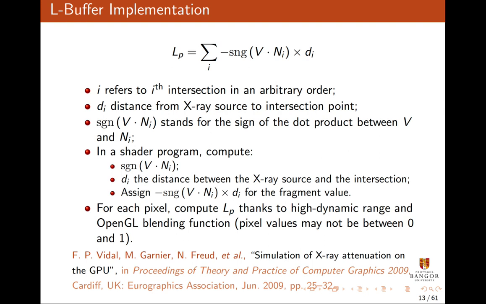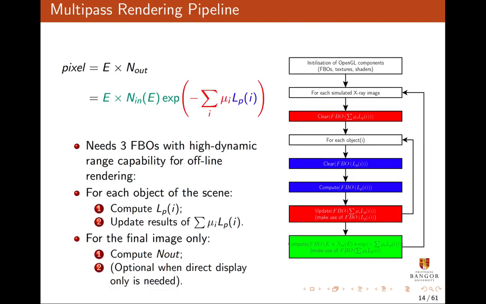high dynamic range rendering. We want values that are not only between 0 and 1, because traditionally on the graphics card, pixel values will be between 0 and 1, but we can exceed that with high dynamic range rendering. We're going to use 3 FBOs, frame buffer objects, which you can consider as a temporary image that is stored somewhere on the graphics card.